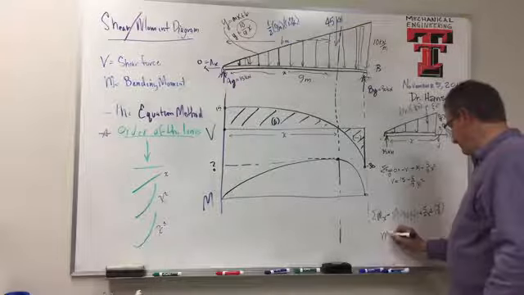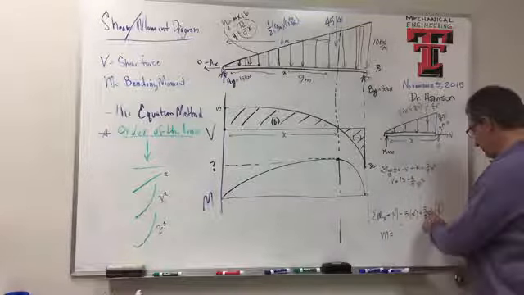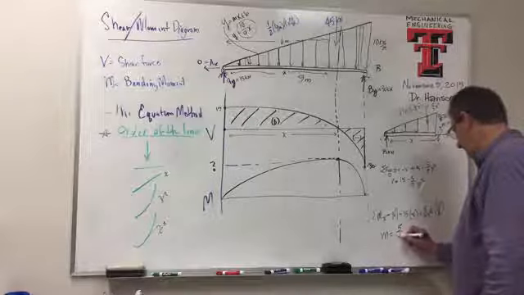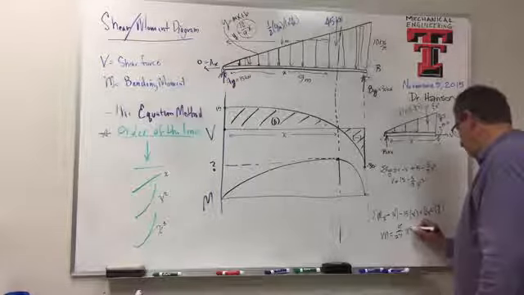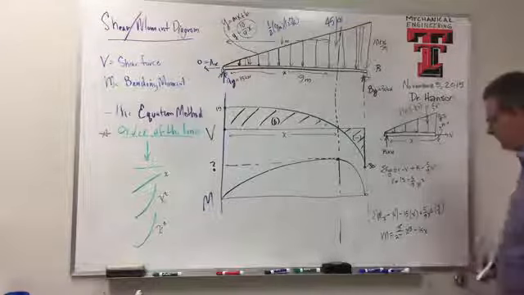So M equals x cubed over 27 times 5, minus 15x.